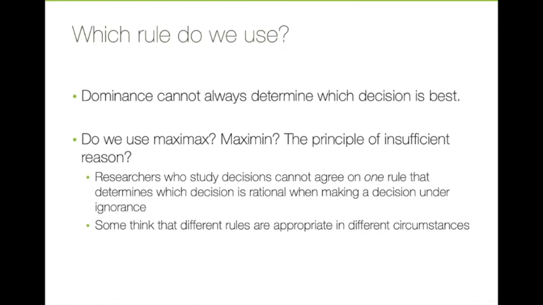Do we use maximax, maximin, the principle of insufficient reason? Well, researchers who study decisions actually can't agree on one rule that determines which decision is rational when making a decision under ignorance. Some think that different rules are appropriate in different circumstances, but they also can't agree on which rules go with which kinds of decisions. So this actually remains an area of active research.